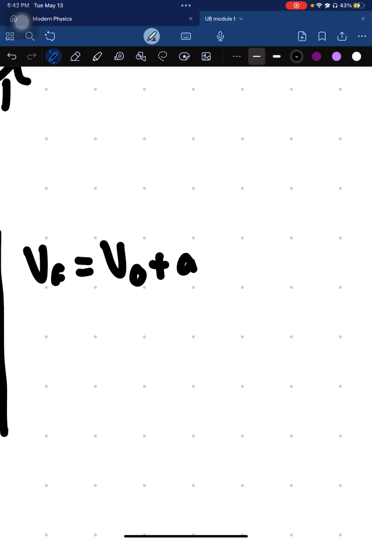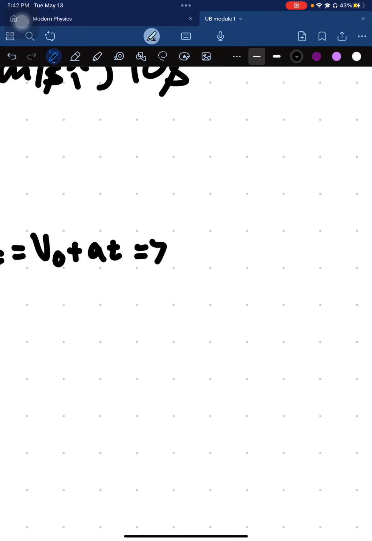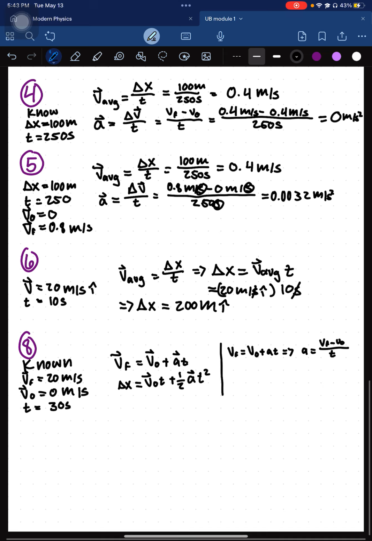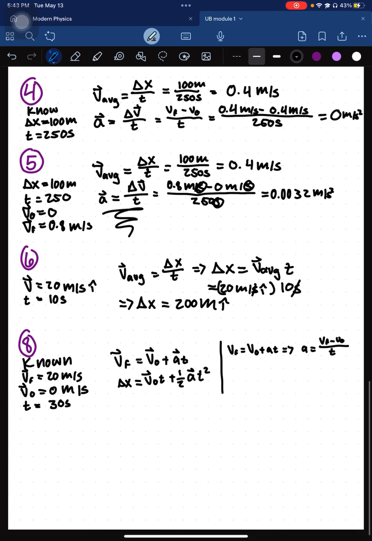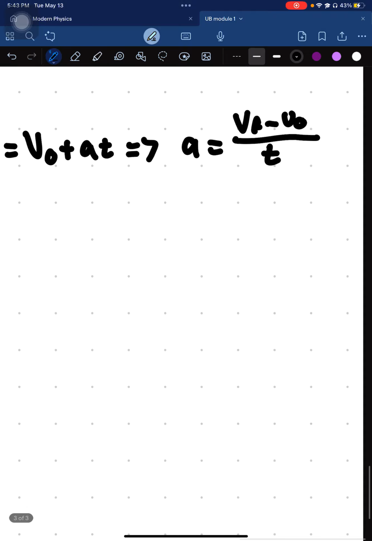For this first one, vf equals v naught plus a t. This implies that a is equal to vf minus v naught over t. Oh my god, this is our equation that we already had for acceleration. Comes straight from the kinematic equations.